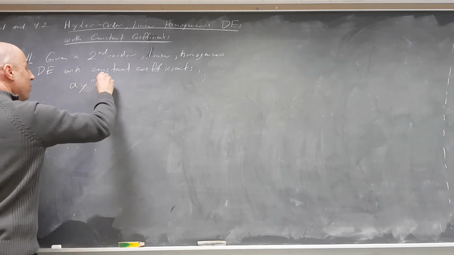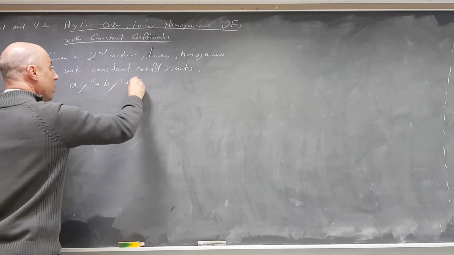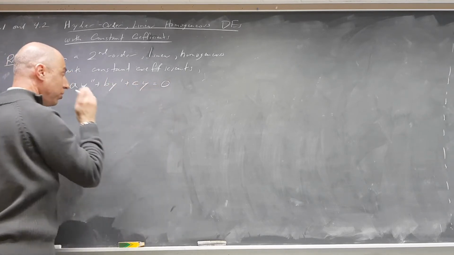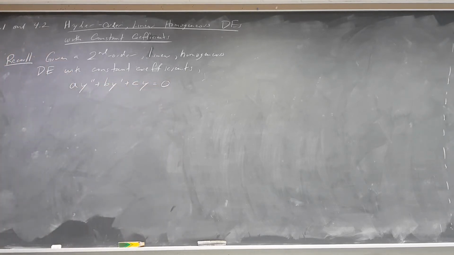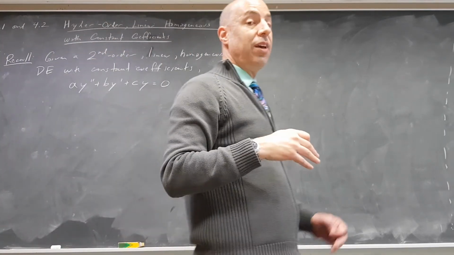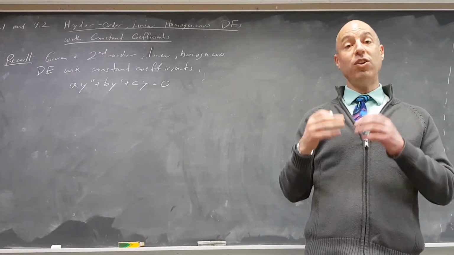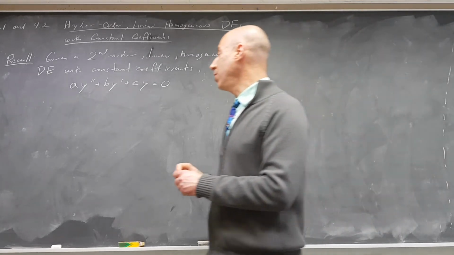ay double prime plus by prime plus cy equals 0, we know that the general solution is parameterized by two parameters.